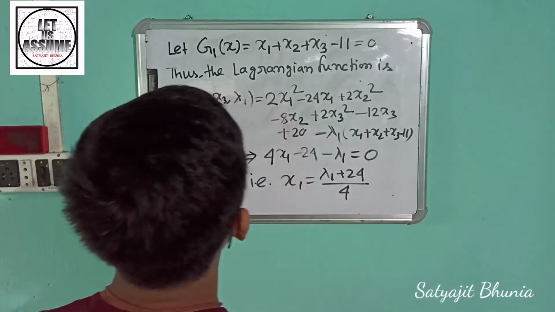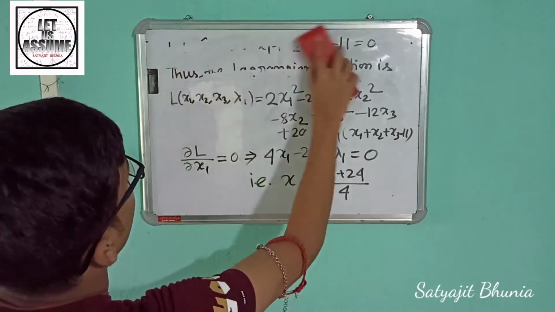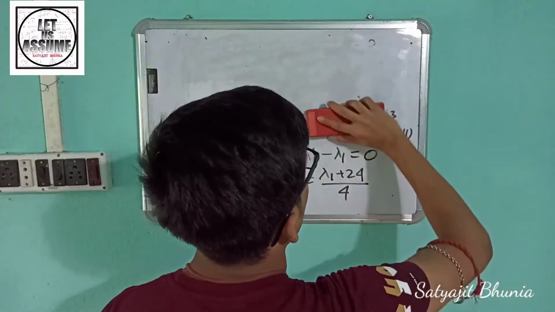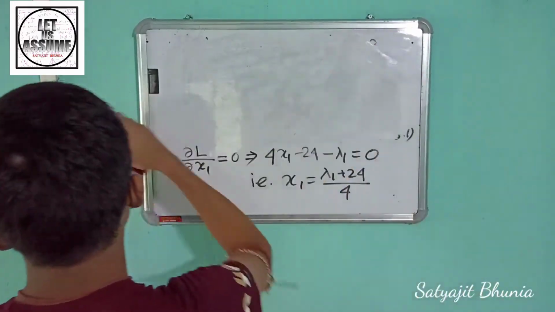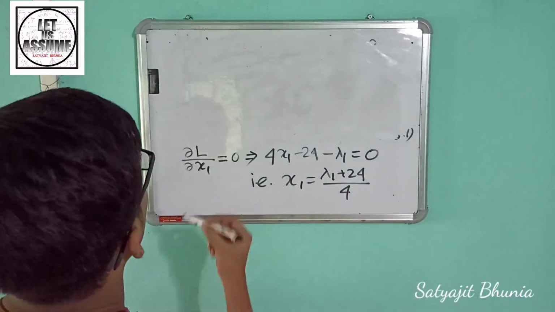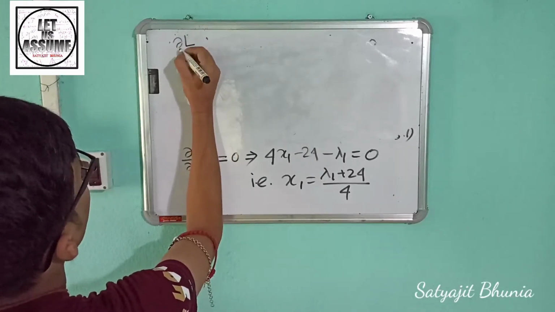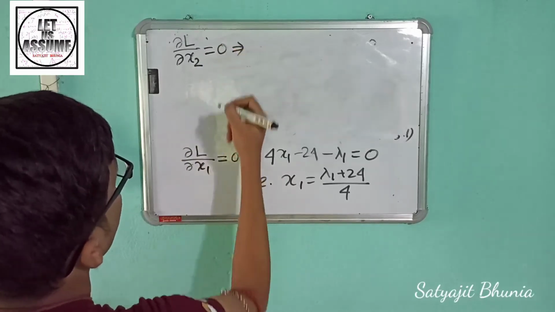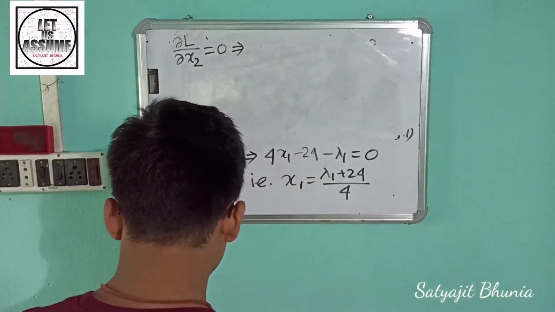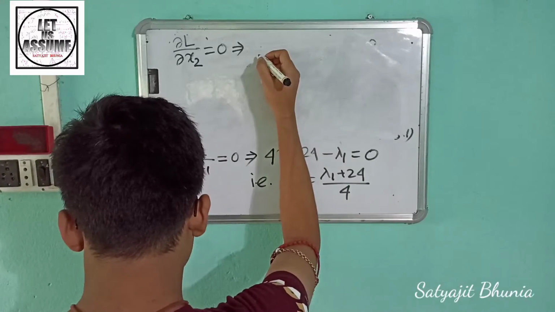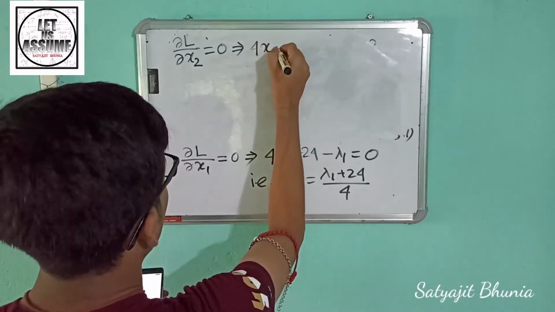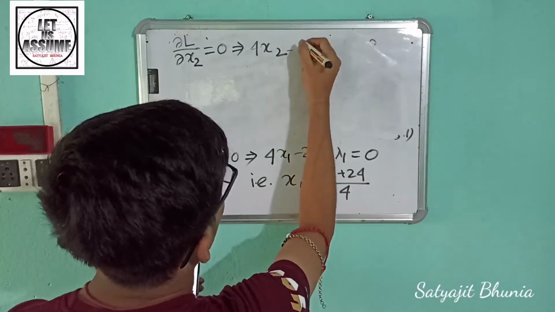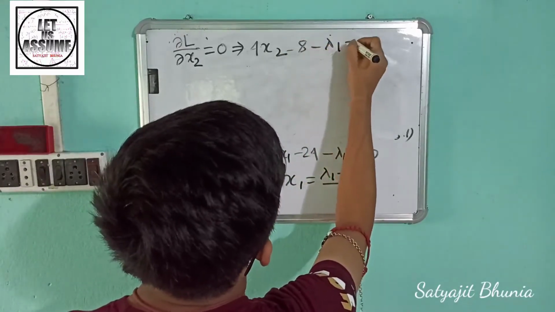Again, from del L by del x2 equals 0 we get 4x2 minus 8 minus lambda 1 equals 0.